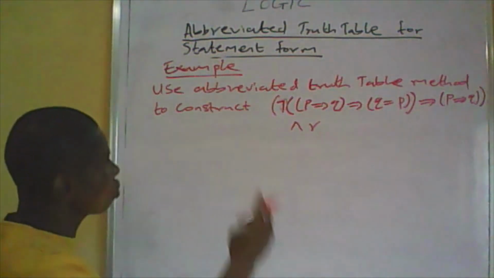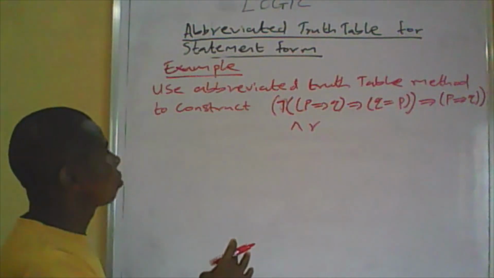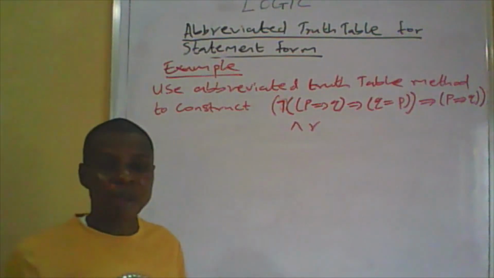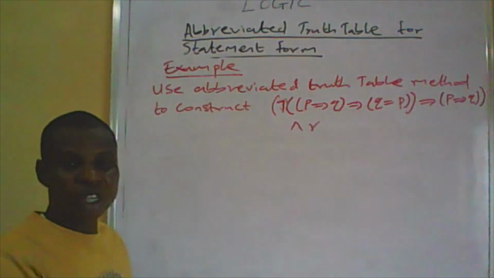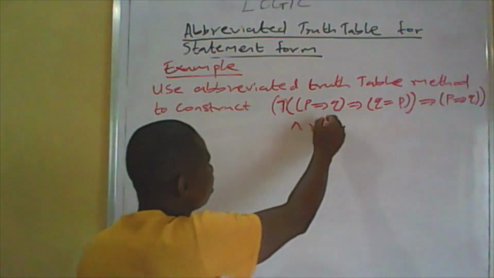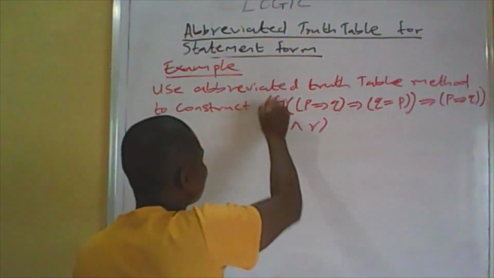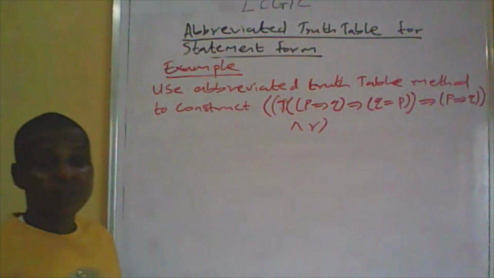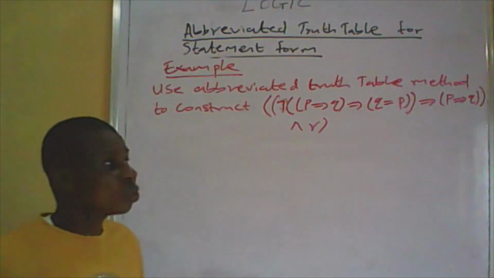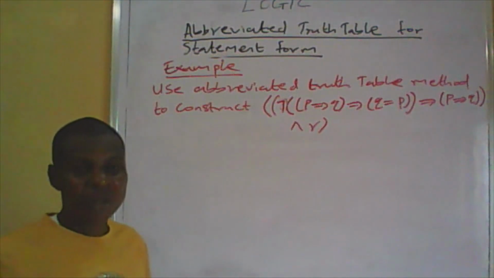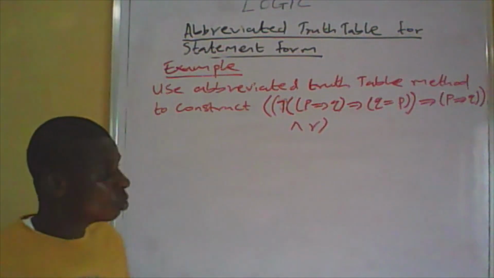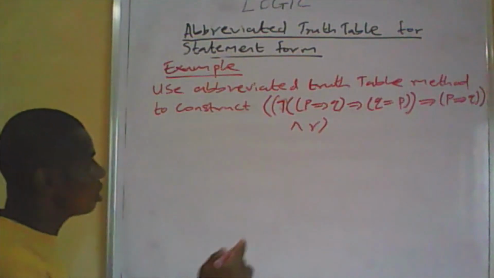So we want to construct a truth table for this statement form by using abbreviated truth table. Now I know that the statement is in restored parenthesis. The practice of statement form is restored. So we cannot go and restore the parenthesis to know how the statement is being formed. So we go over and write the statement in full.